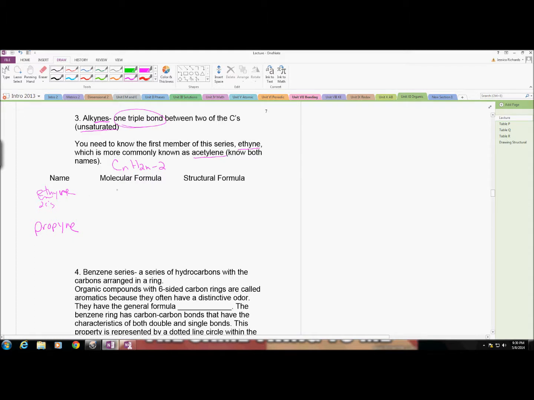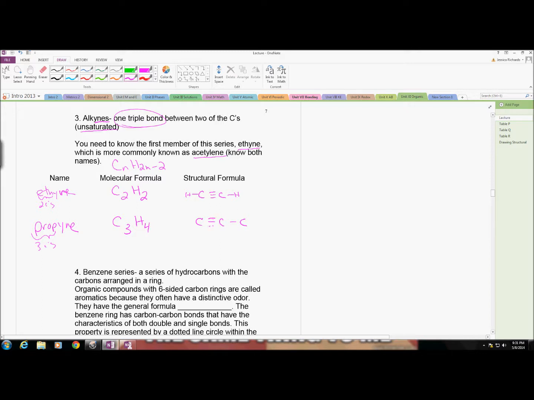If I have 2 carbons for ethyne, that's going to be C2, 2 times 2 is 4, minus 2 is 2. Structural formula: your 2 carbons with 1 triple bond. Each carbon already has 3 bonds, so they only get 1 hydrogen each. Propyne: prop means 3 carbons, so C3, 2 times 3 is 6, minus 2 is 4. 1, 2, 3 carbons.